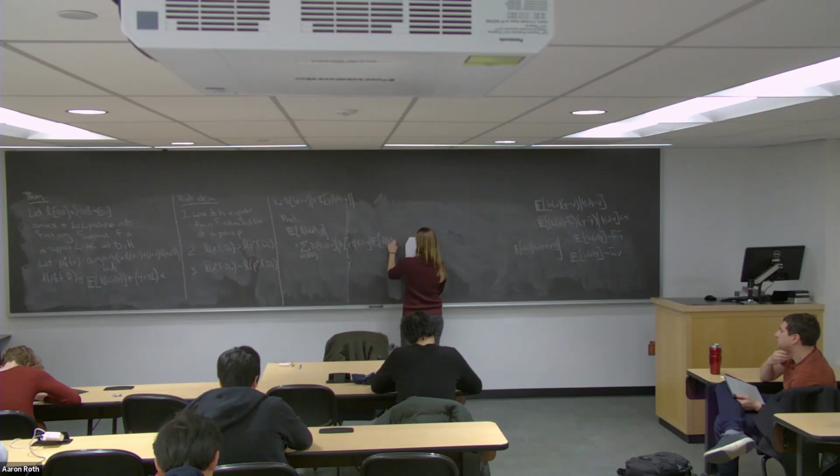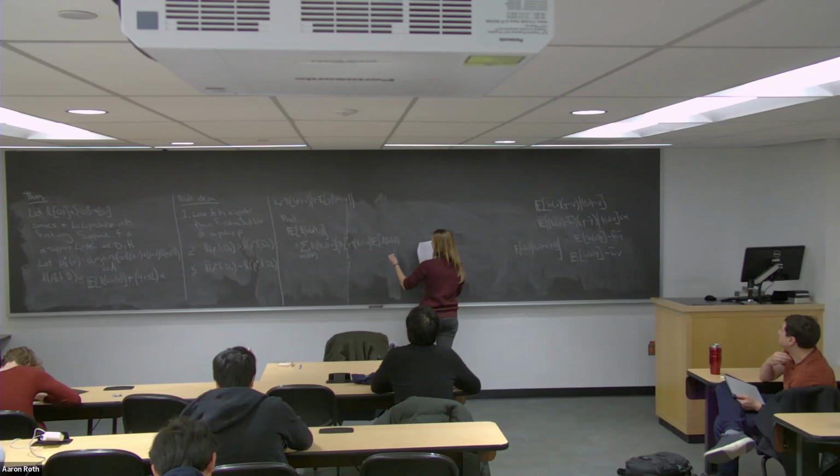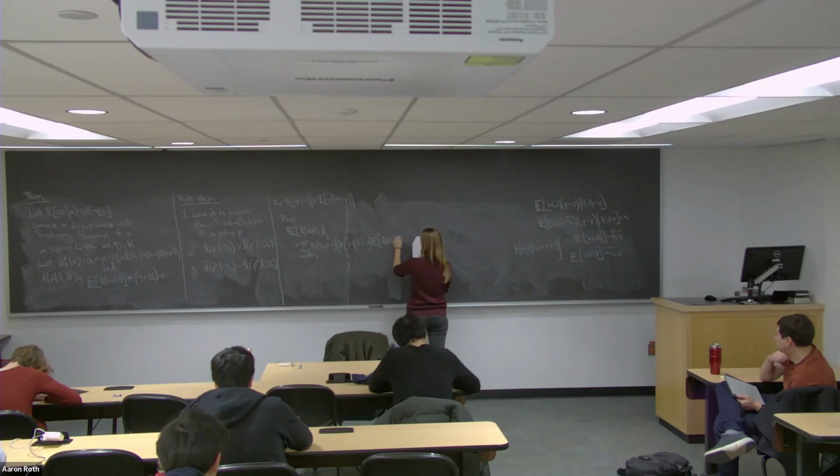So it's the probability that we predicted V times the probability of seeing label Y, given that we predicted V, times the expected loss of H of X, given that the label's 1, since we're conditioning on that.